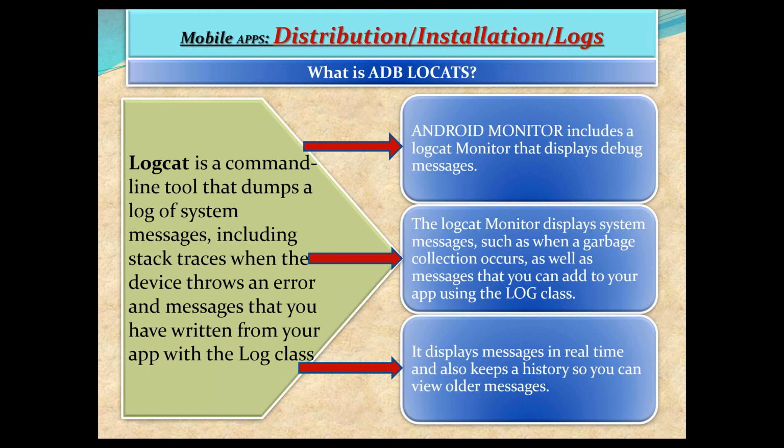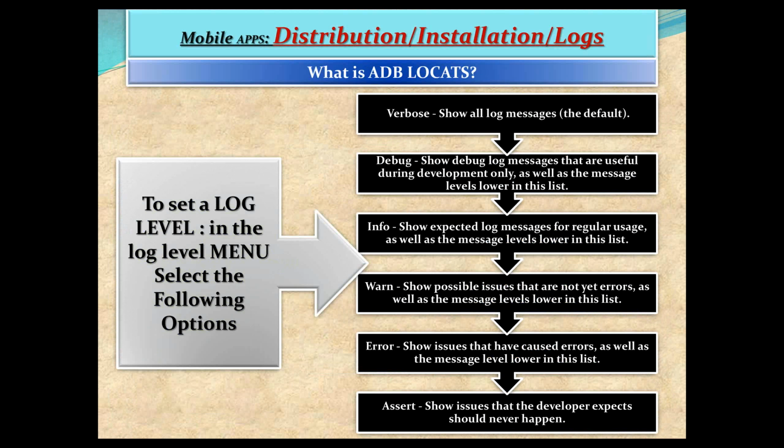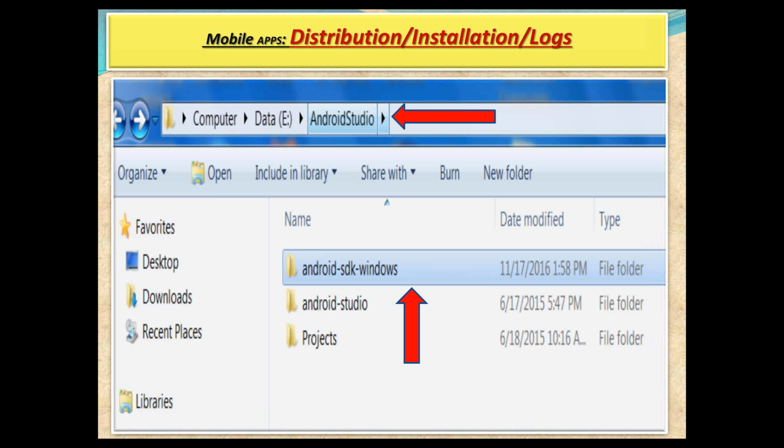Your developer options should be on. Okay, your USB debugging should be enabled.